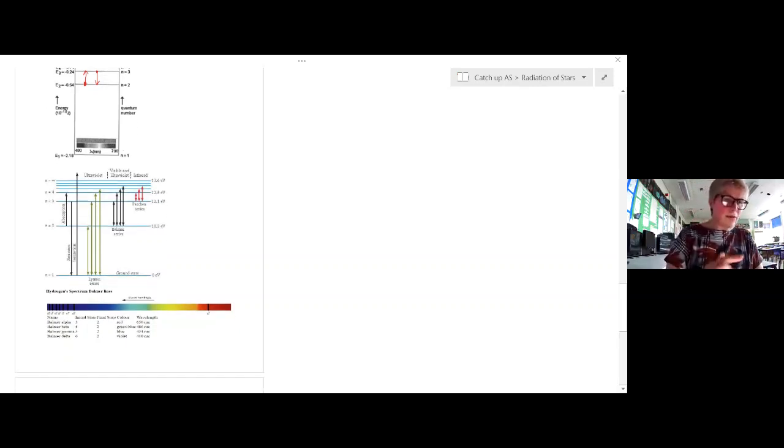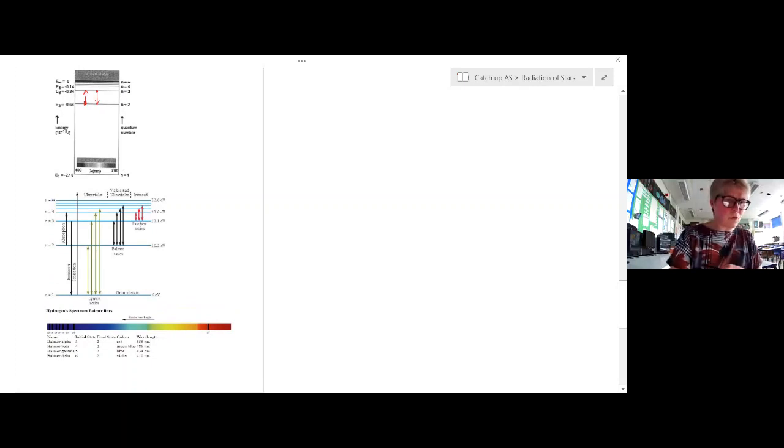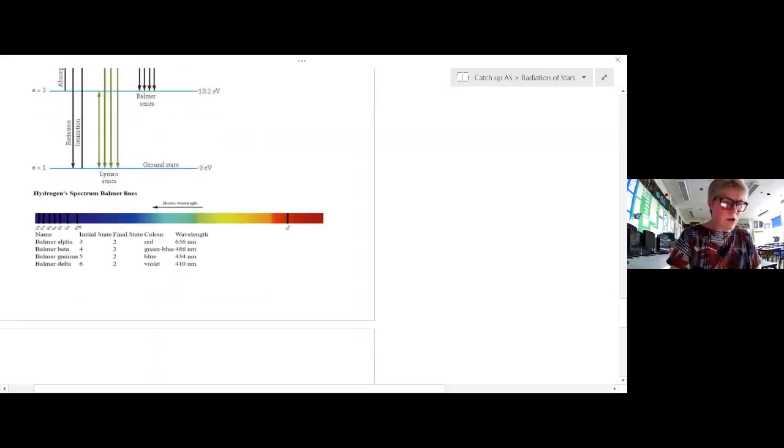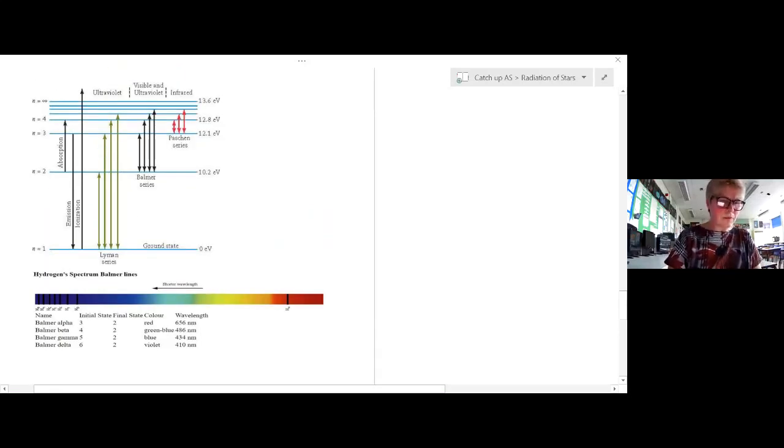And if we have those energy transitions all from energy level 2, then that will be the Balmer series. Here we have hydrogen's Balmer series, where each of those black lines relates to an energy jump from 2 to another level. You will have to be able to take the energy difference, so whatever the difference is between these energy levels, so E3 minus E2.